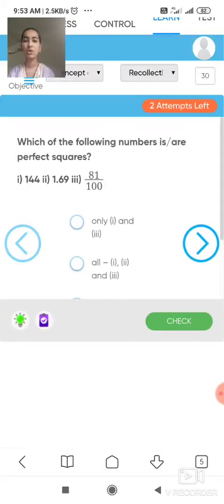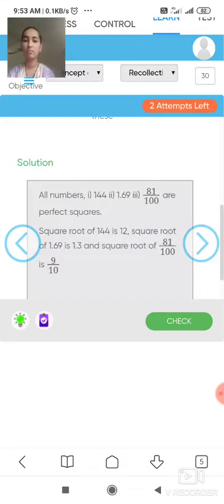Next, which of the following numbers is or are perfect squares? Out of these, which one is a perfect square? 144, 1.69, then 81 upon 100. Now you can see all the numbers 144, 1.69 and 81 upon 100 are perfect squares. Why? Because the square root of 144 is 12, we know that.